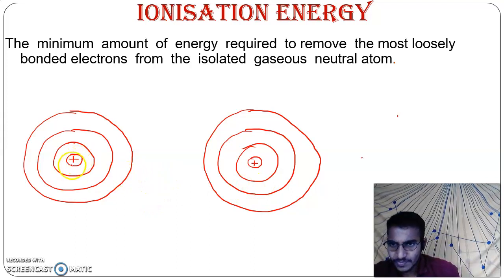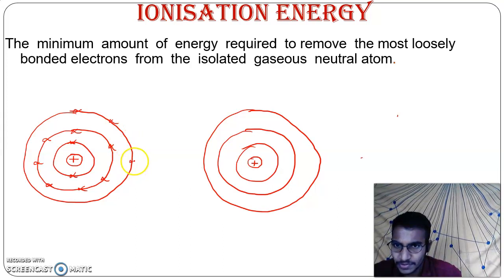So to illustrate this, I have taken two shells. I'll fill the electrons first. So this is the nucleus, and in the first shell the maximum will be 2 electrons, and in the second shell the maximum will be 8 electrons. I'll fill the maximum electrons: 3, 4, 5, 6, 7, 8, and in the third shell the maximum will be 18.